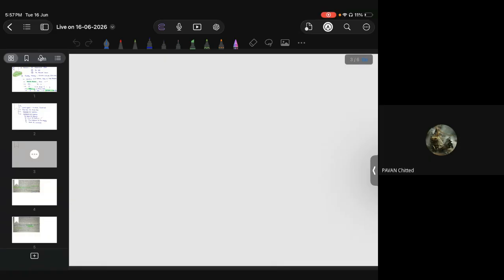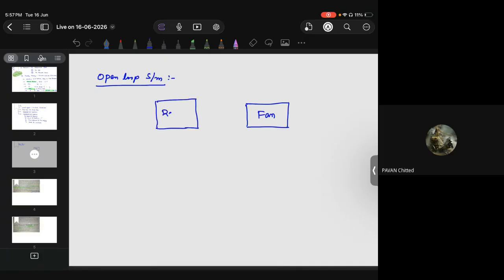Consider a fan and its regulator. If you change the knobs in the regulator, the fan will rotate at a particular speed.